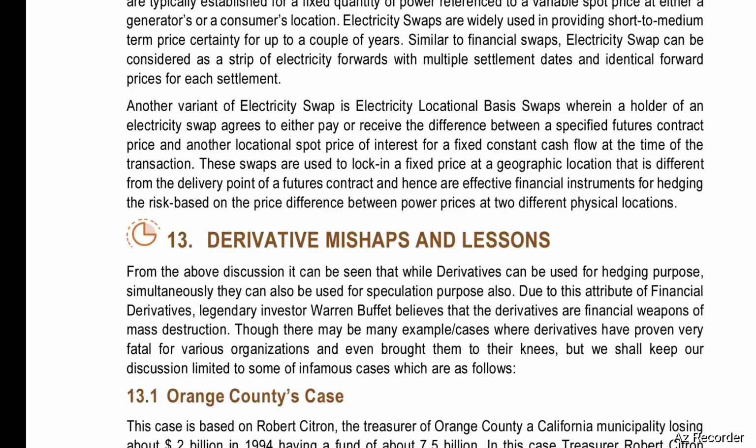These swaps are used to lock in a fixed price at a geographic location that is different from the delivery point of the futures contract, and hence are effective financial instruments for hedging the risk based on the price difference between power prices at two different physical locations.